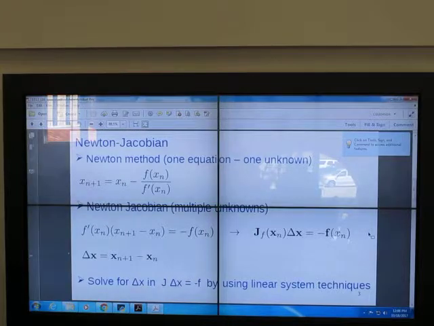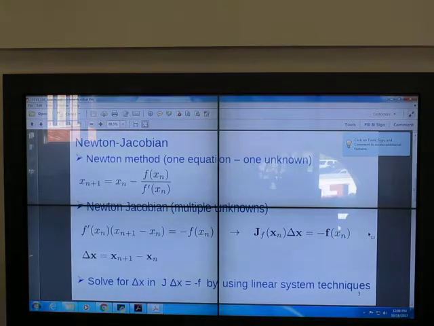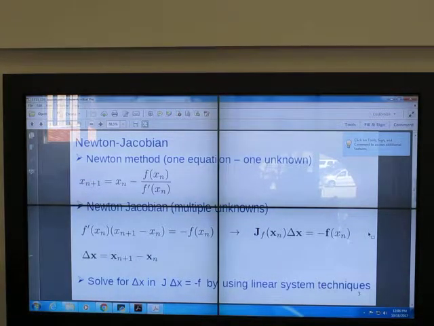So it's vector, right? So if you can calculate Jacobian matrix, okay, you calculate Jacobian matrix. Jacobian matrix will be what? N by n matrix, right? So delta x will be column vector, minus f will be column vector.